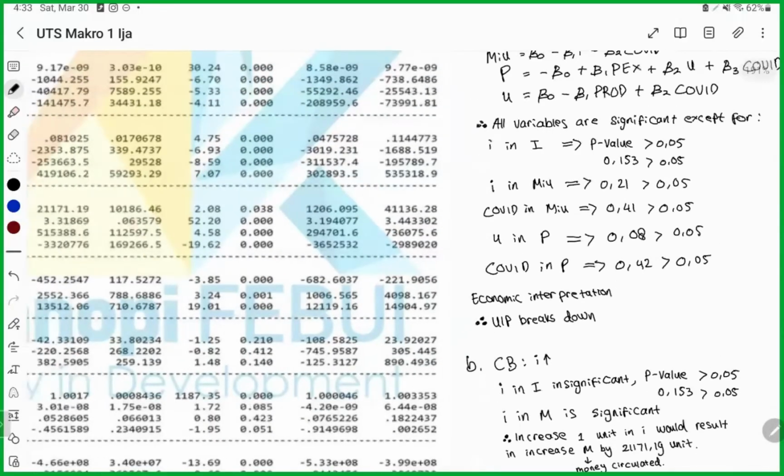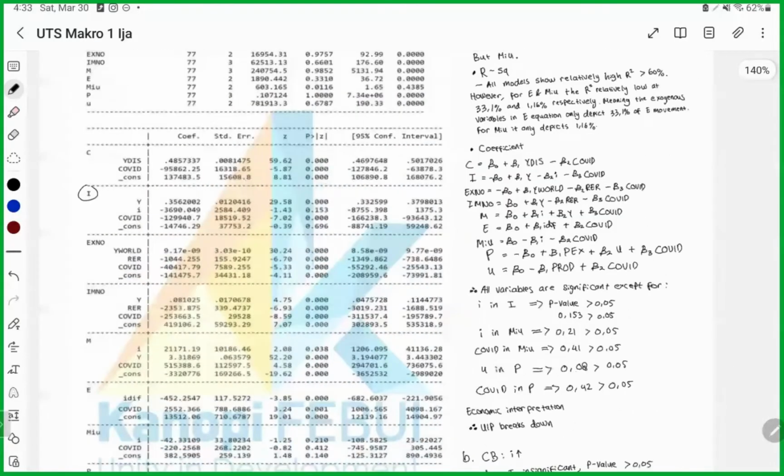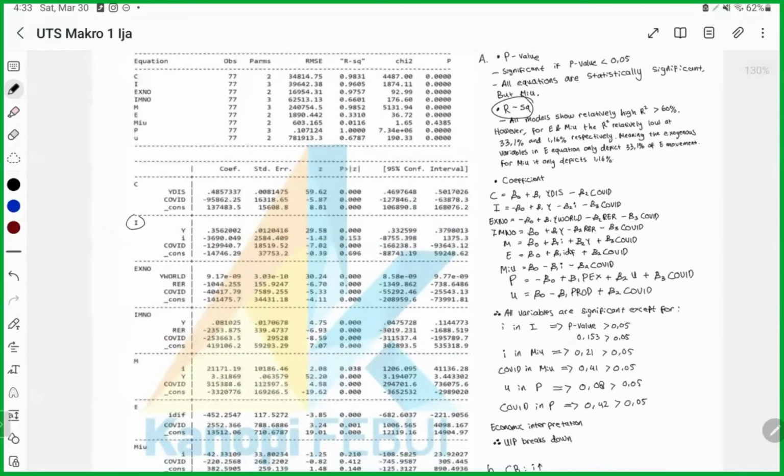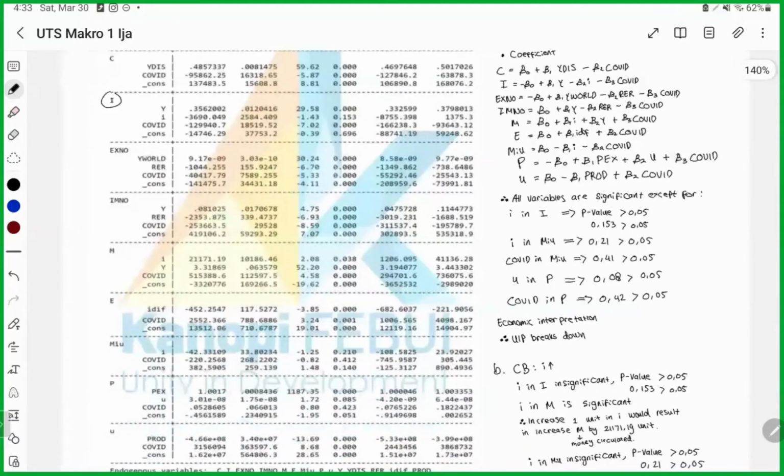And then let's jump into the economic interpretation. As you can see in here, R-square for MIU is relatively low, and the p-value also shows that MIU is insignificant throughout the models. Also, you can see COVID and interest rate in MIU also show insignificance, meaning that UIP breaks down.